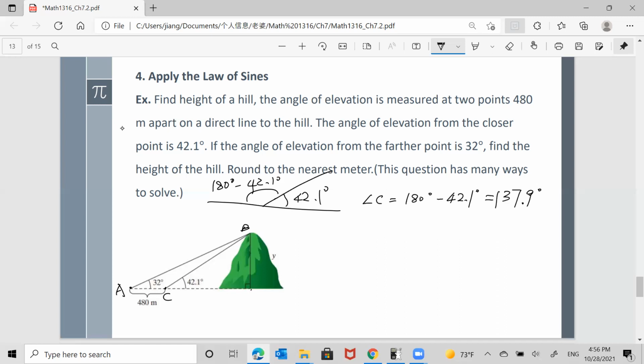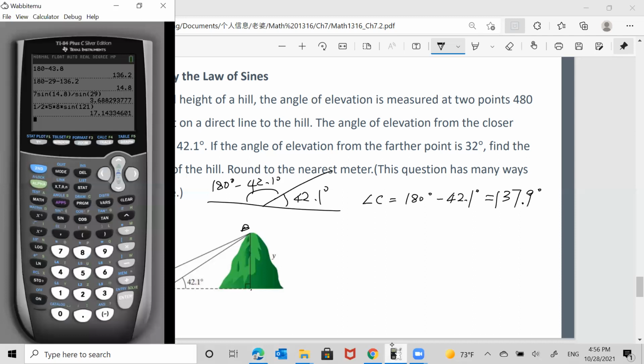Let's try it on the calculator. 180 minus 42.1 is 137.9. So C equals this.